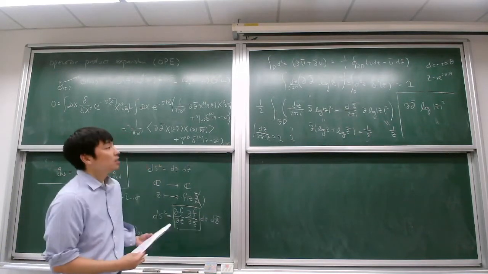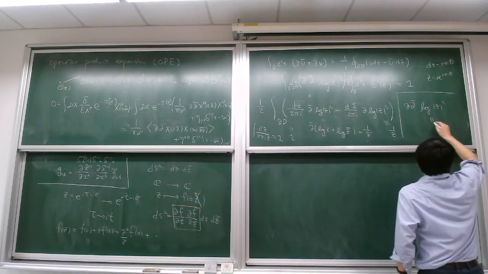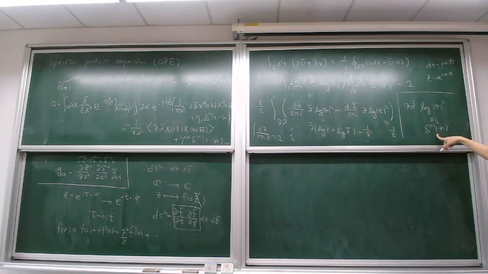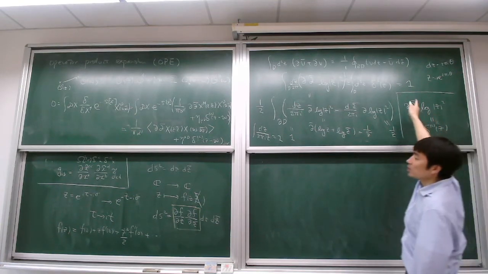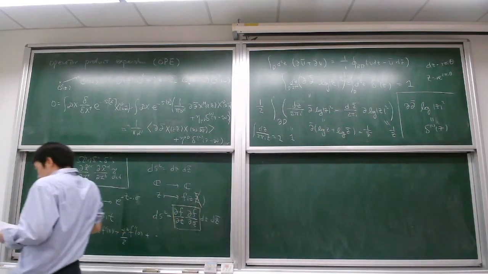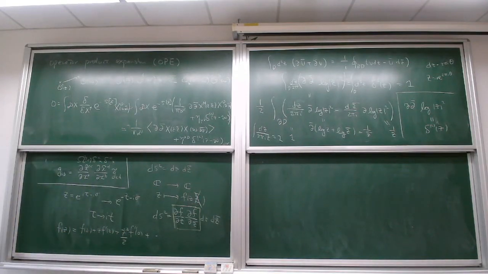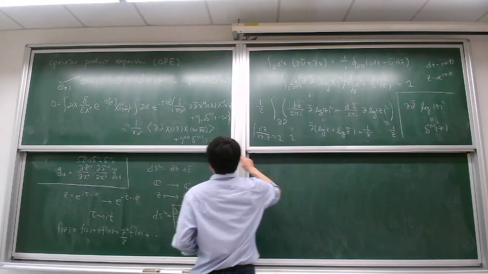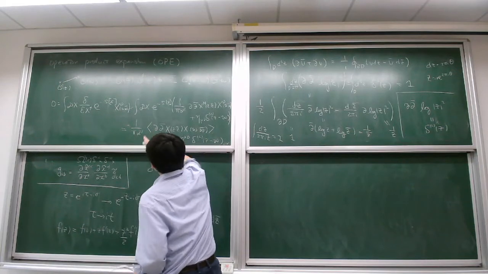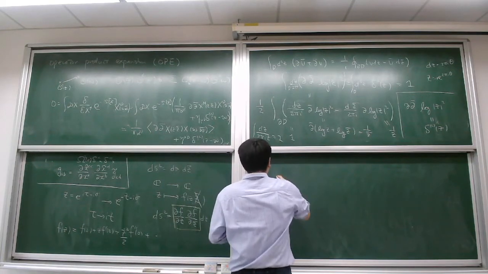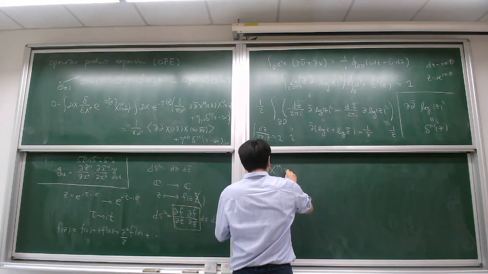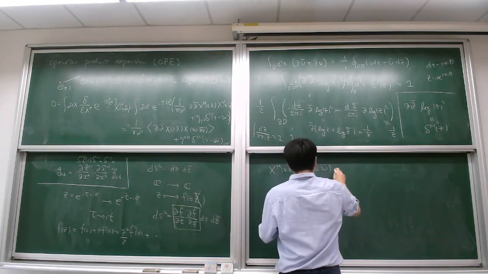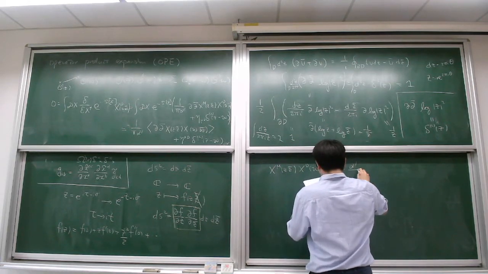Okay. So now, we can use this is equal to delta 2c. So the delta function can be replaced by these two derivatives acting on the log of z squared. So therefore, getting rid of this expectation value, what you get is mu z bar. So this is one example of the operator product expansion.